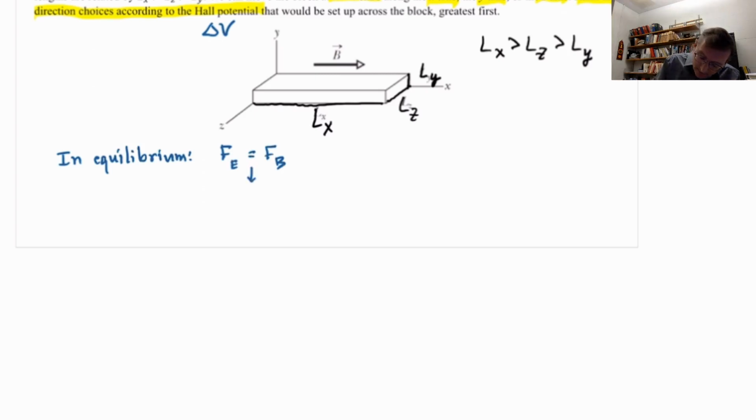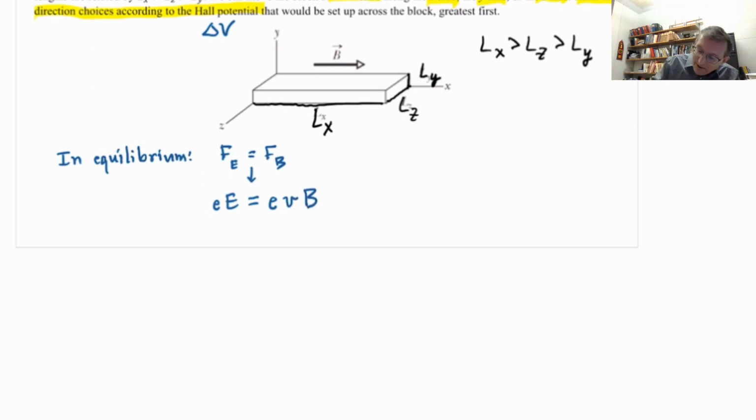And that will mean magnitude of Q, let's just call that little e, the magnitude of the Q of an electron, times the magnitude of the electric field that's been created inside the conductor because of this motion, will equal, again, the magnitude of Q, times the V that I'm moving this block at, magnitude, because that's how fast the conduction electrons are moving, times the magnitude of B.